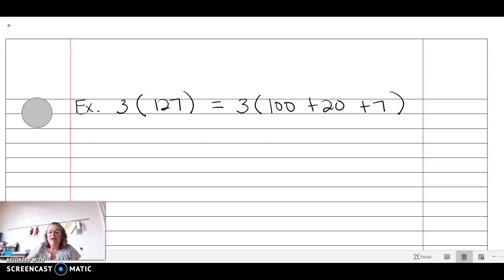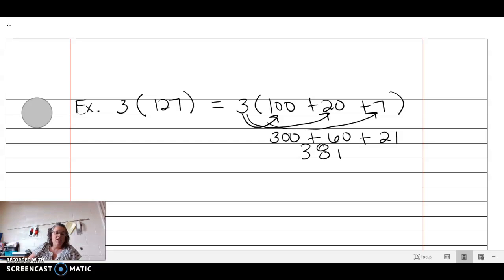But now I can easily take 3 times 100, which gives me 300. I can take 3 times 20, which gives me 60. And then I can take 3 times 7, which gives me 21. And then all I have to do is add. So I have 300, well, 60 plus 21 is 81. Didn't know what 127 times 3 was off the top of my head, but I can use the distributive property to do that.